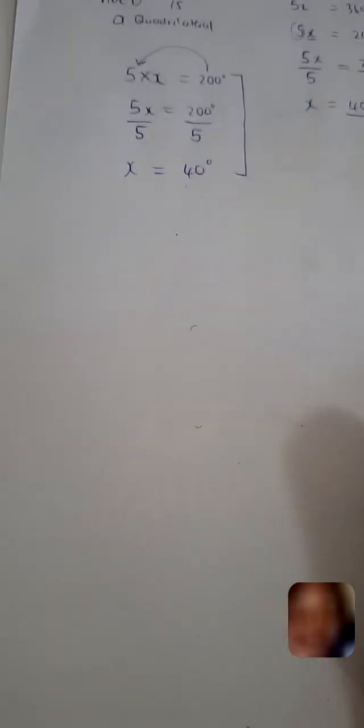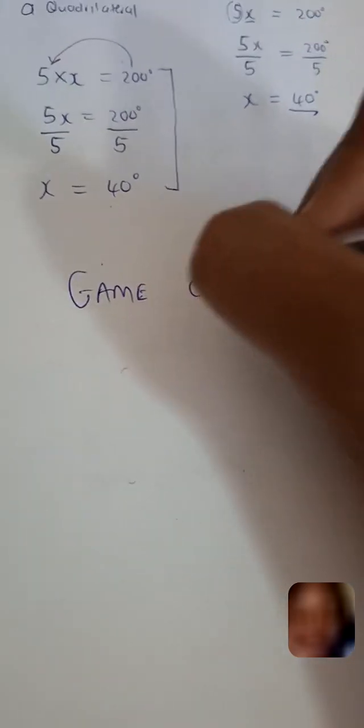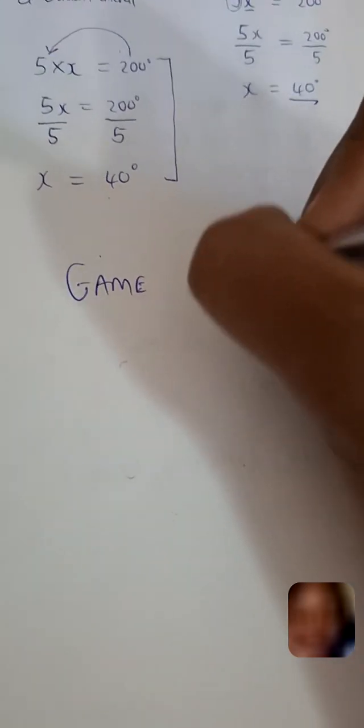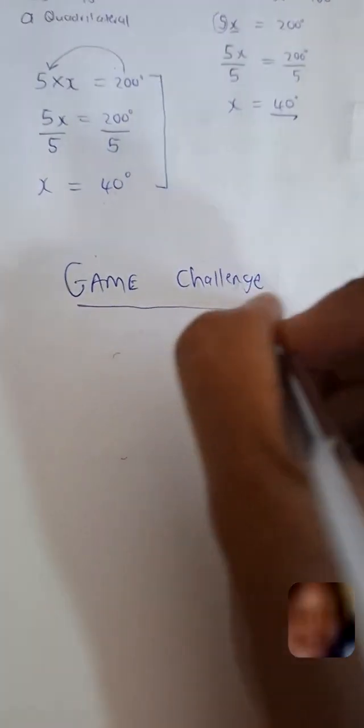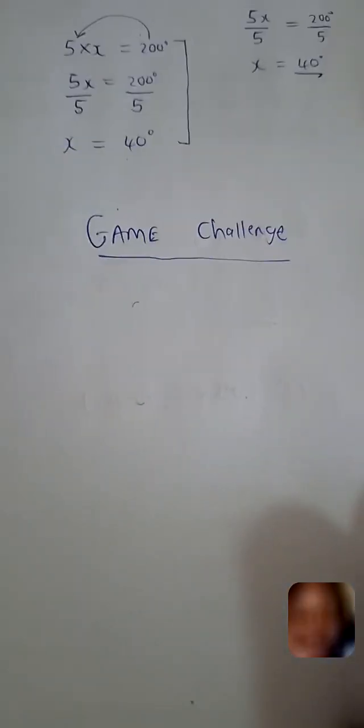Done and dusted. So, Kia, I hope that was a fruitful session for you. So now I'm going to leave you with some, I call them game challenge problems. I don't call them homework. It's called game challenges.